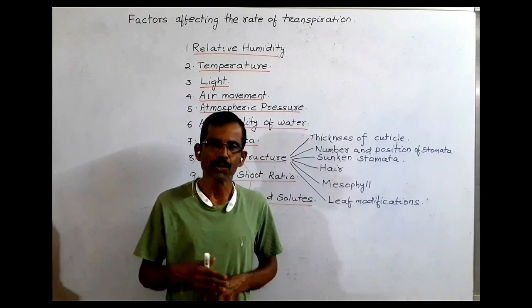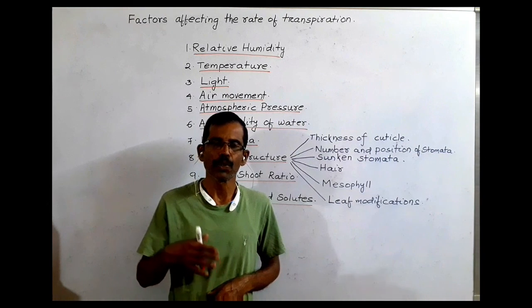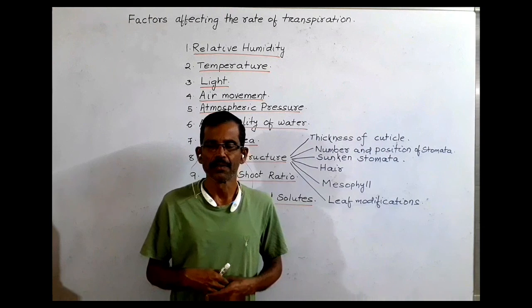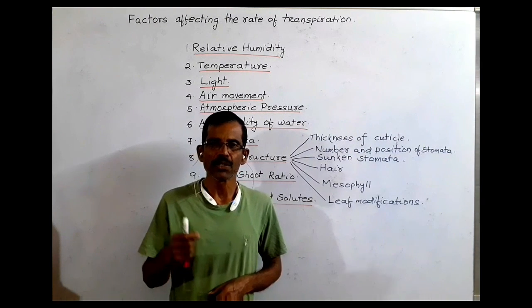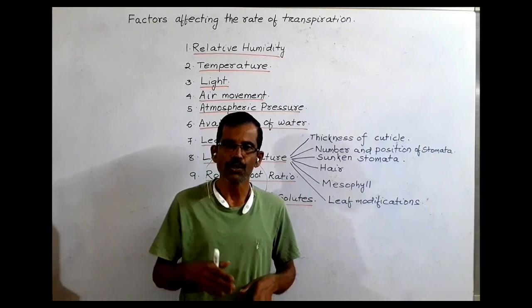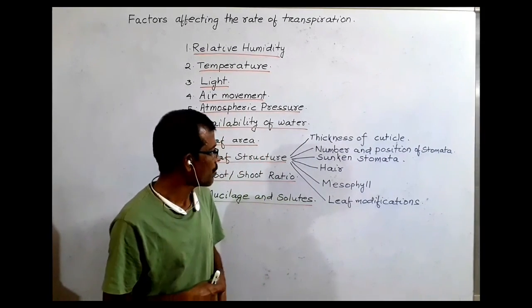So compact mesophyll having more palisade tissue and less spongy tissue decreases the rate of transpiration, whereas spongy mesophyll having less palisade tissue and more spongy tissue increases the rate of transpiration.